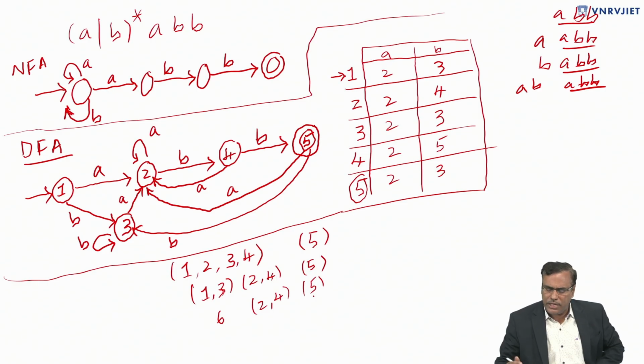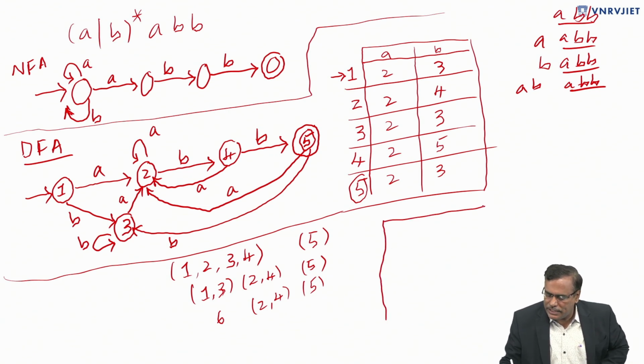So finally, you are going to have the states 6, 2, 4, and 5. Now, if you reconstruct this table, these are the new states that you are going to have.